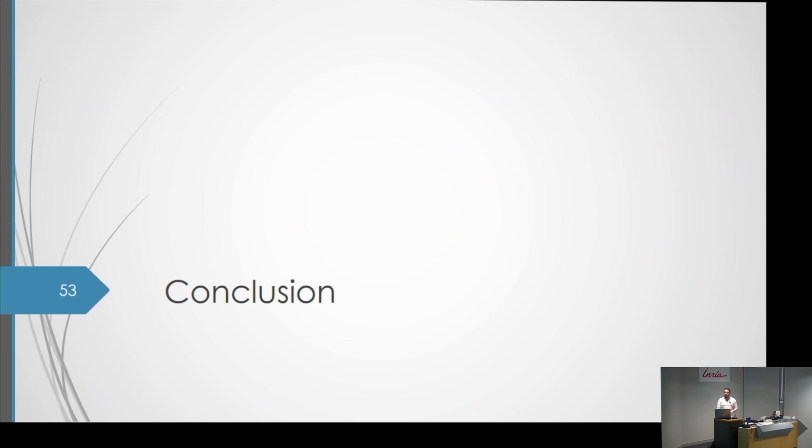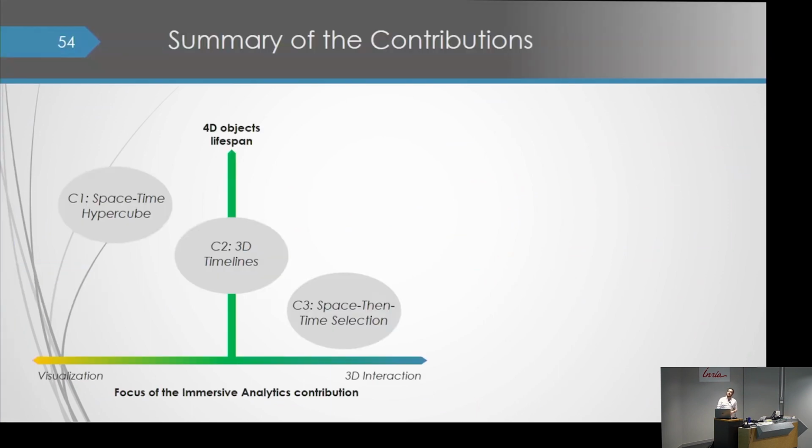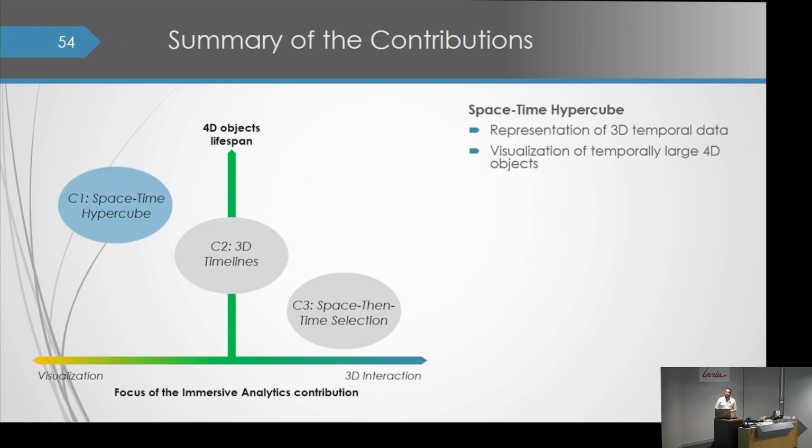And to conclude, I'd like to first summarize our contributions. So first, we proposed the space-time hypercube as a representation of the 3D temporal data that could allow an efficient visualization of temporally large 4D objects, global movements, global behaviors.